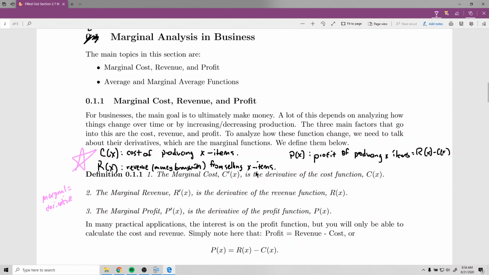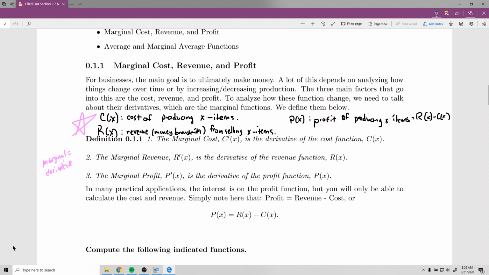It might give you the symbol, in which case it's just the symbol from the last couple sections. And same thing for revenue and profit. In many practical applications, the interest is on the profit function, but you will only be able to calculate the cost and revenue. So simply note here that profit is revenue minus cost.